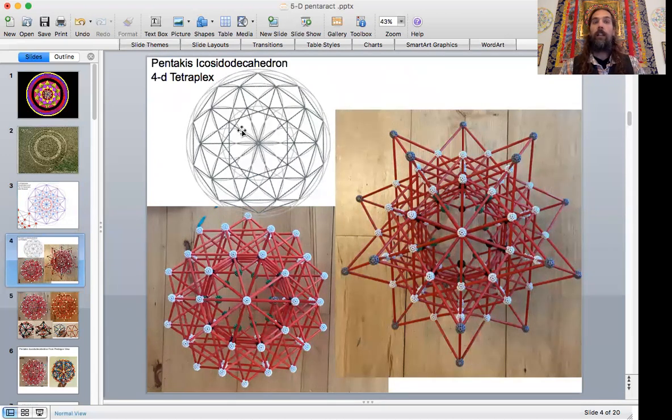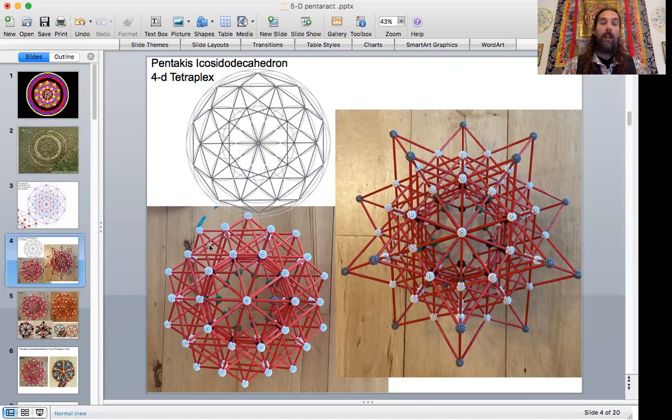So my previous video, Sacred Geometry Evolves as Consciousness Evolves, I think that was something along the title, I went over this. The culminating form that we went to was the Pentachus icosahedron as the 3D version, which happened to turn out to be the 4D tetraplex.